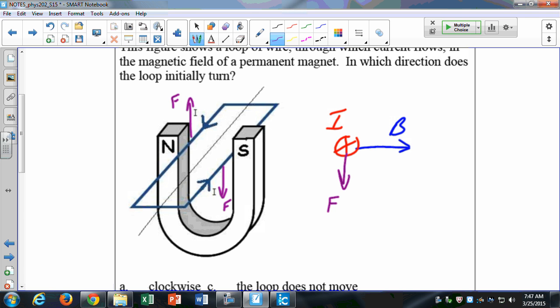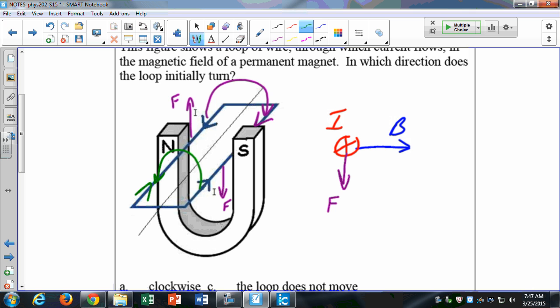The side that's on the left will then be on the right. So where I had a current going into the page, now I'm going to have a current going in this direction, because this side will come over here, and this side will come over here. So I've switched the directions of the currents when it flipped over.